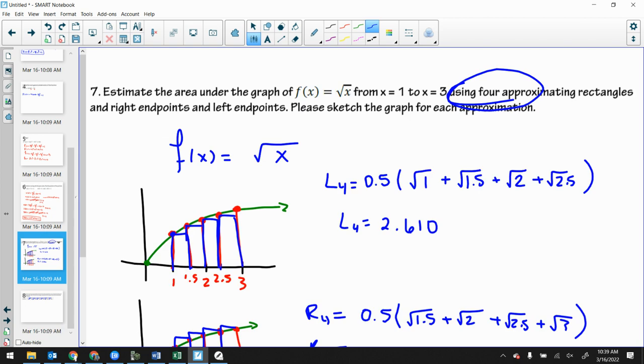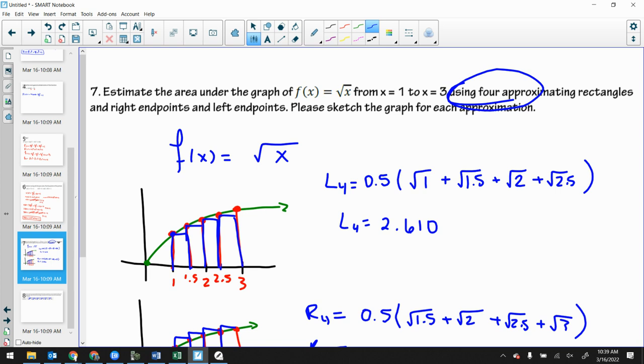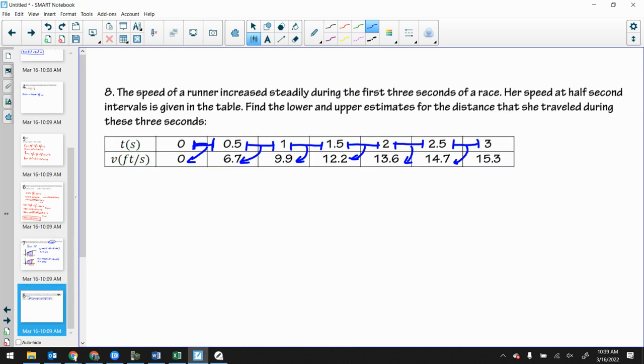That's really similar to left side approximation. Because am I using the 15.3? No, just like I didn't use the 3. So when I run those numbers, the total distance is going to be my time times all of my velocities added up: 0, 6.7, 9.9, 12.2, 13.6, and 14.7, which comes out to be 28.55.